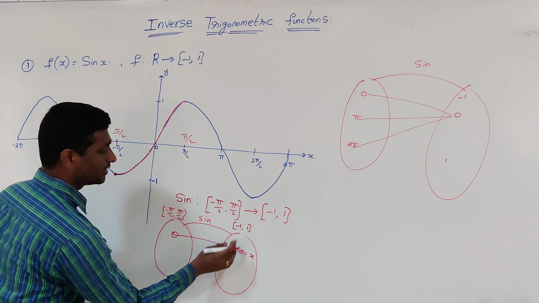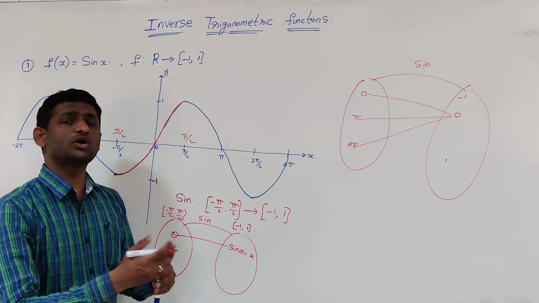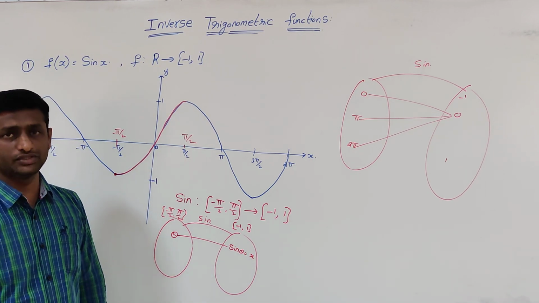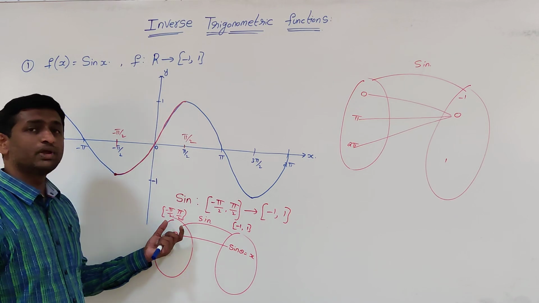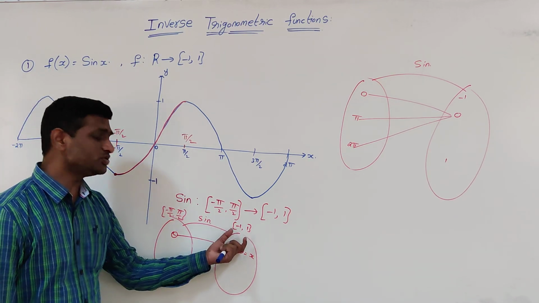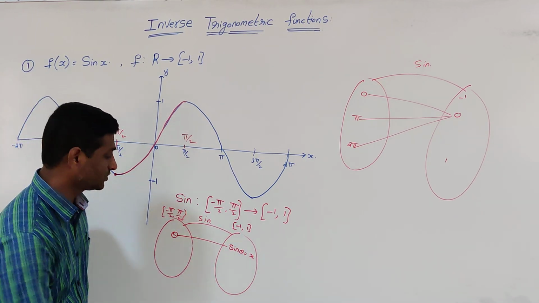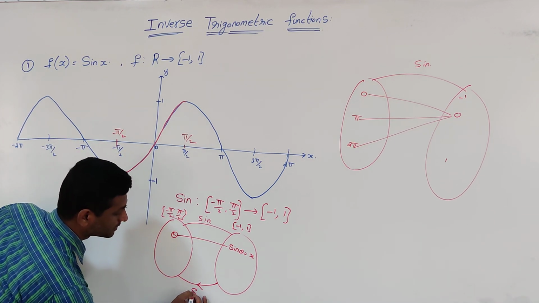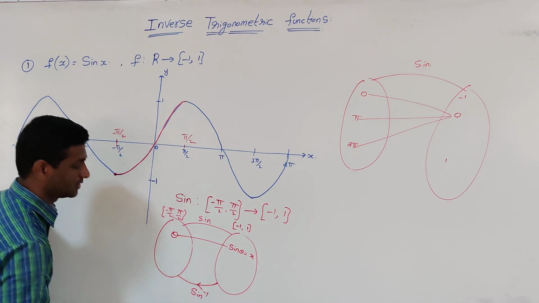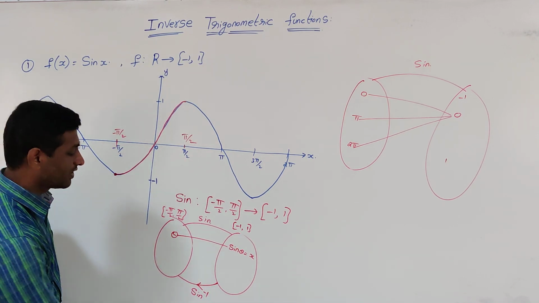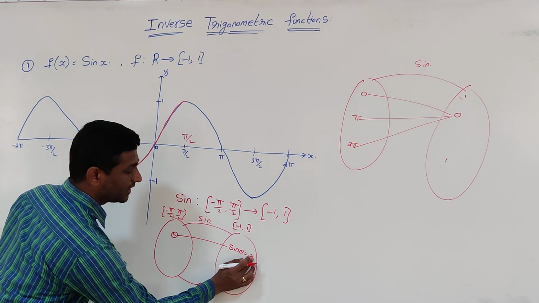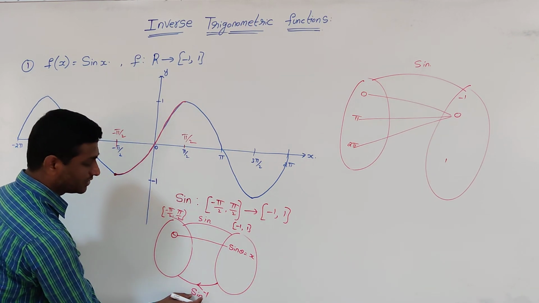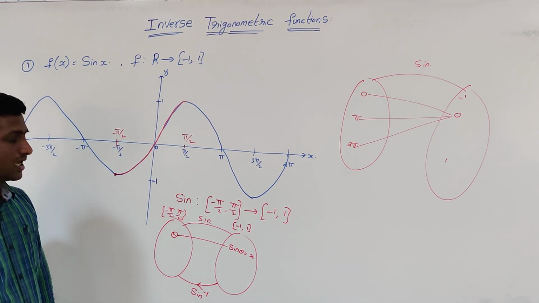Then if it is bijective, the inverse exists. Inverse from where to where? It's the reverse of the domain and range. Means the domain becomes the range and the range becomes the domain for the inverse function. Now sin inverse is a new function. If x is the input for sin inverse, then the output will be theta.